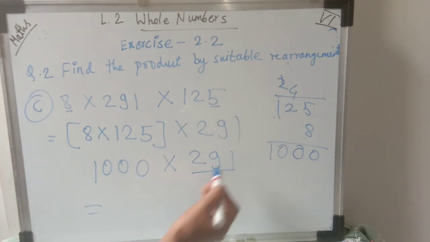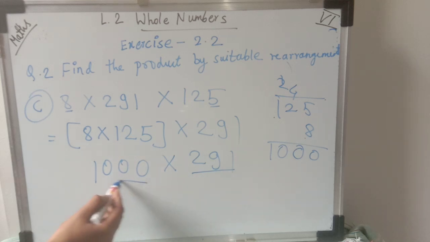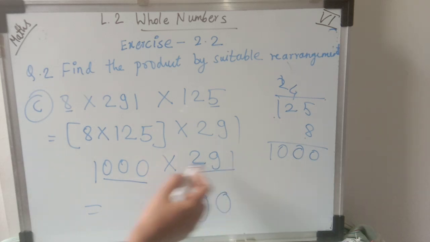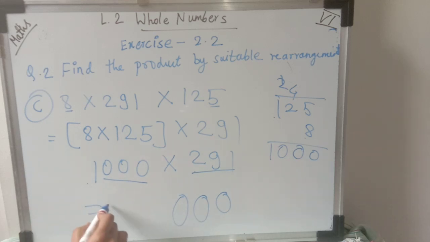If you multiply the 291 with these 3 zeros, you will get the 0. So how many zeros are there? 3 zeros. So write 3 0 as it is. Okay, now multiply 291 with the 1, we get the same answer, that is 291. And now let's put the comma. So we got the answer 2,91,000. So this is our answer.